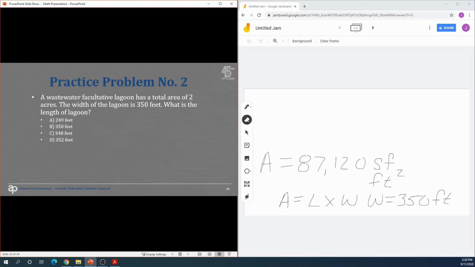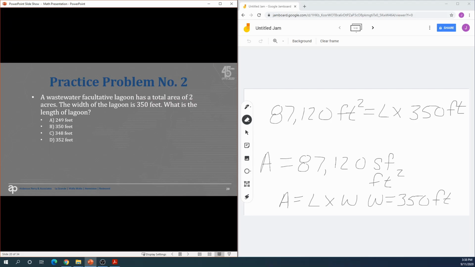So if we take our area, let's write this out. We have our area of 87,120 feet squared is equal to our length times our width, which was 350 feet.